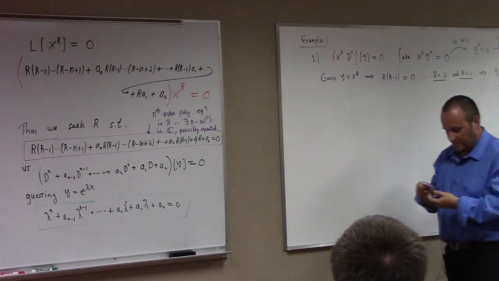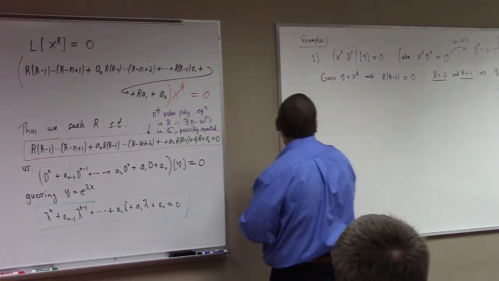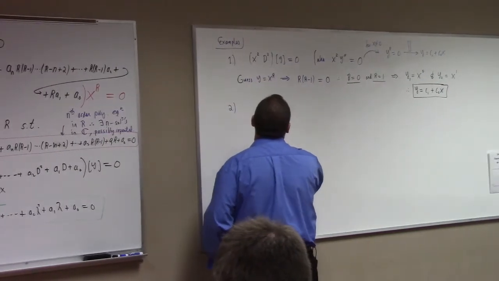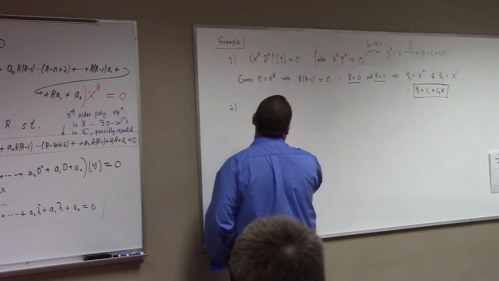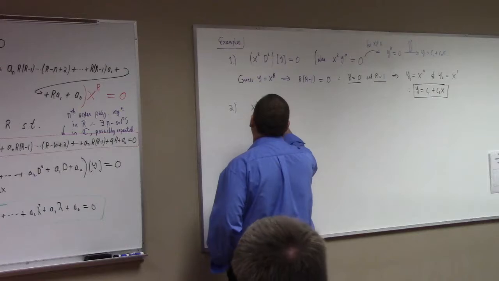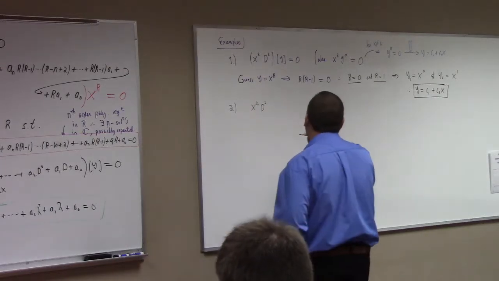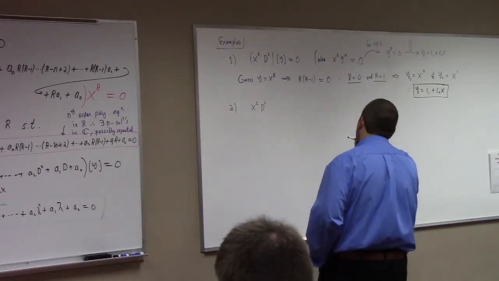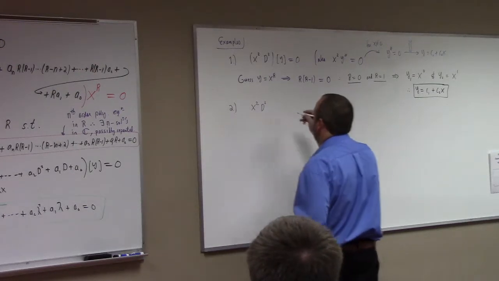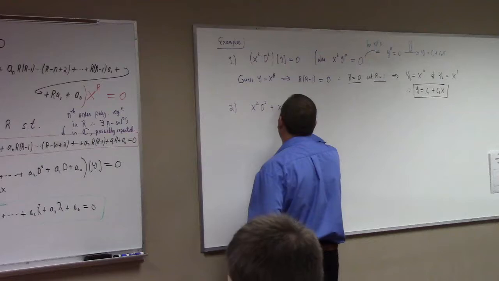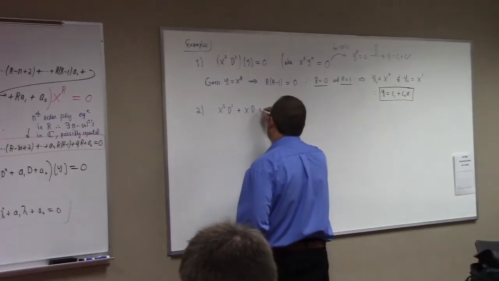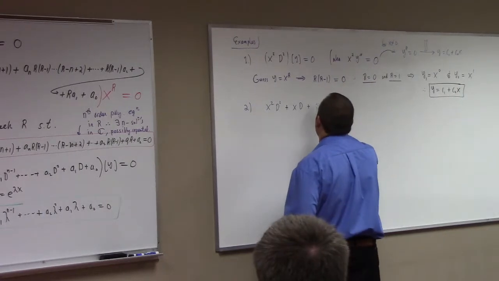All right, let's see here. Number 2, let's see if we can make this complex. How could I make this complex? What would I do? x squared d squared, let's say maybe plus x d, plus, I don't know, 9.